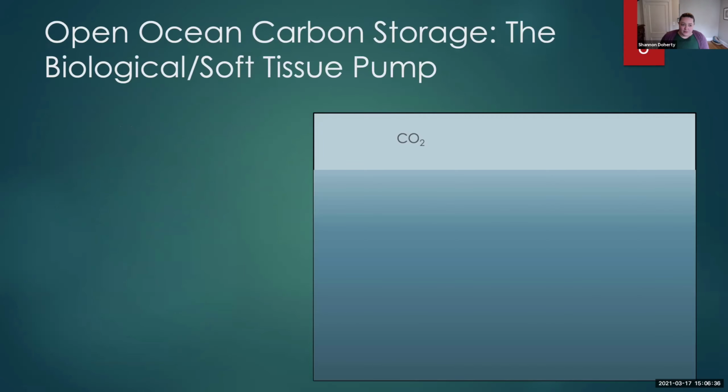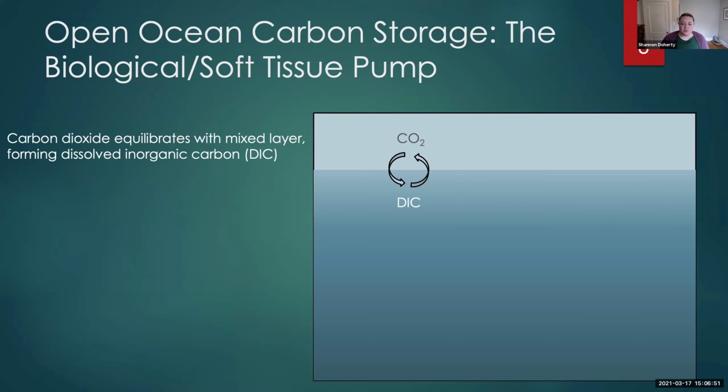So to begin, we'll go over the open ocean carbon storage mechanism that we call the biological or the soft tissue pump. So in the atmosphere, we have carbon dioxide, which is equilibrating with the mixed layer and forming dissolved inorganic carbon.